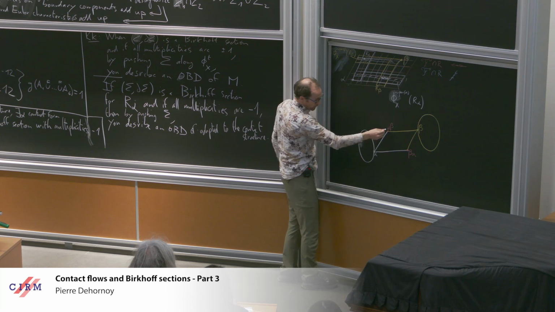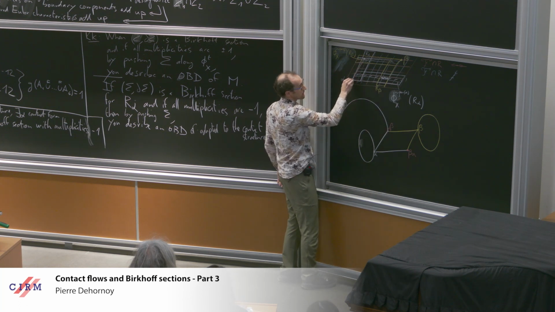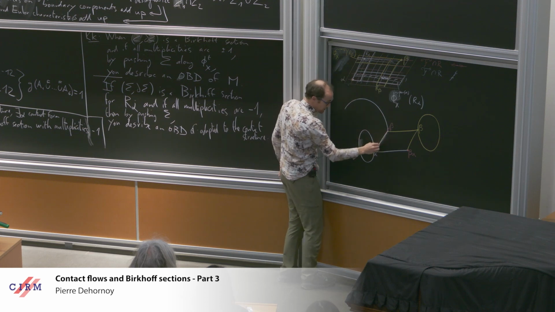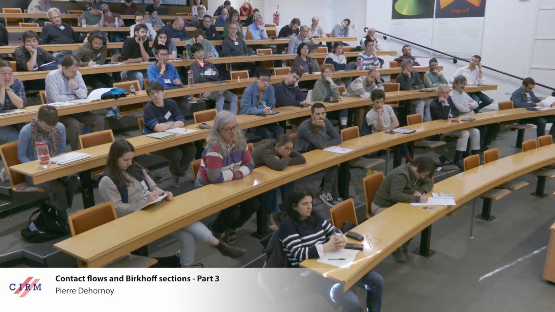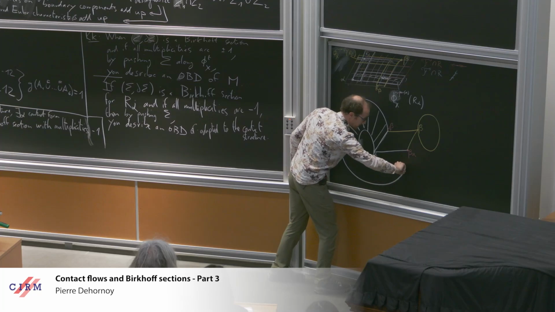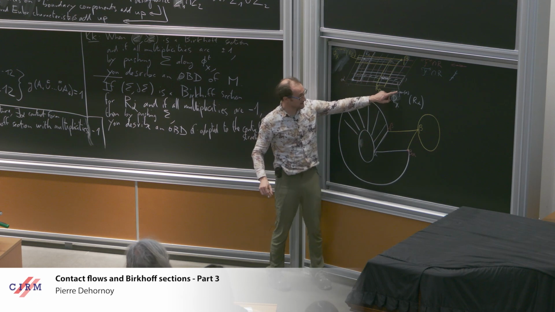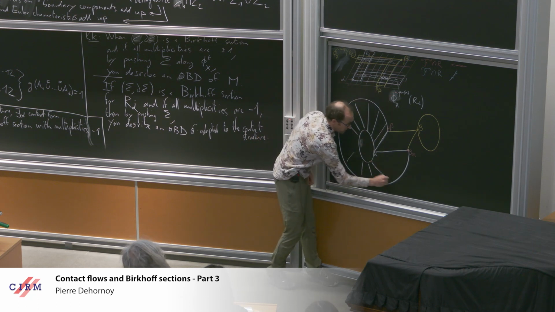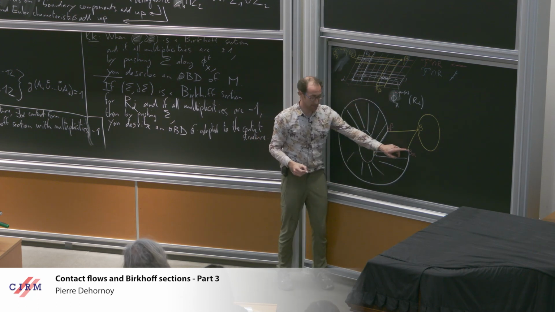If you follow this point, it will follow an orbit, and in particular an arc here connecting those two points will describe a certain ribbon. And this arc here, after pushing by this time approximately, comes back to this arc here.